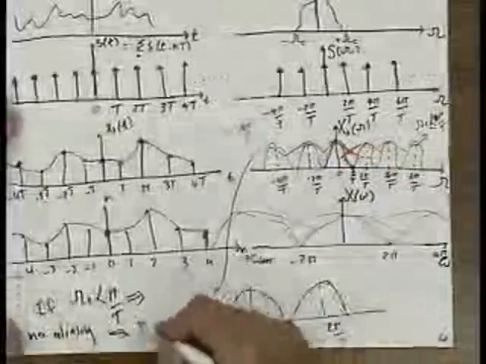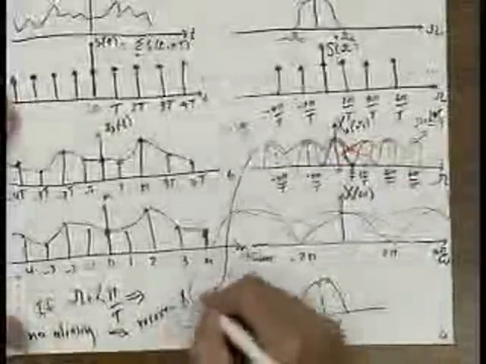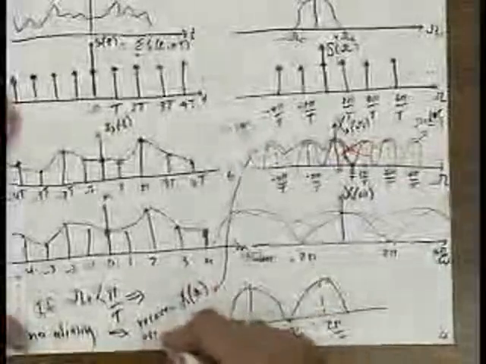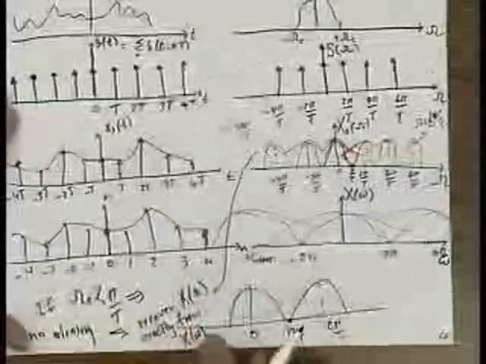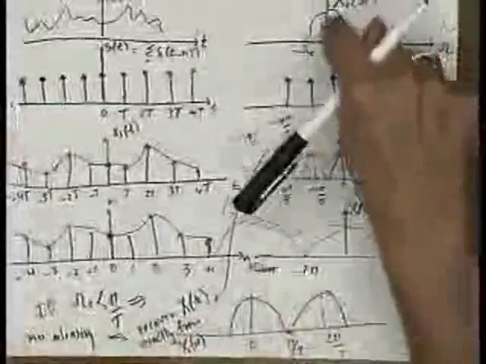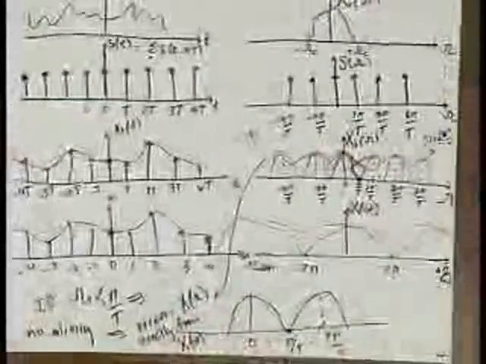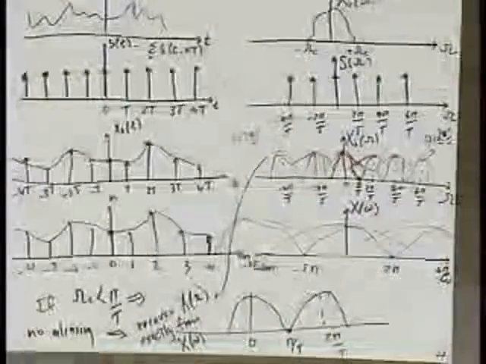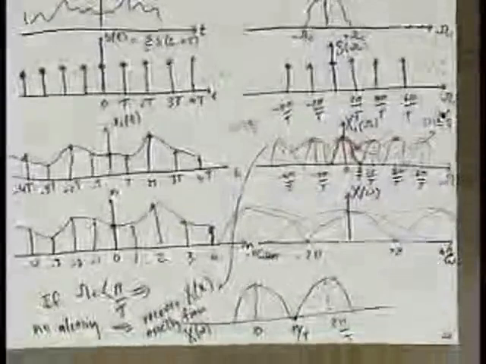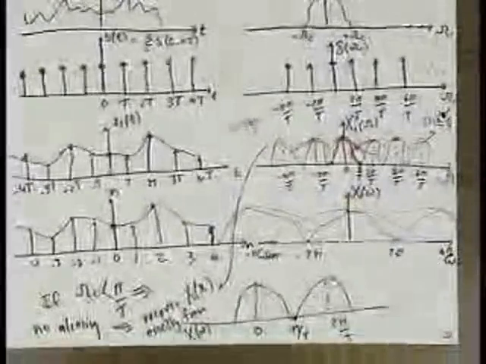Then it's possible to recover X c of omega exactly from X of omega, the discrete time Fourier transform. You can recover the continuous time signal from the discrete time signal. That means the sampling process didn't make you lose any information. It's all there. It can all be reconstructed.